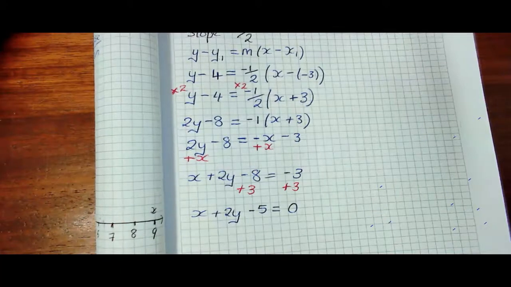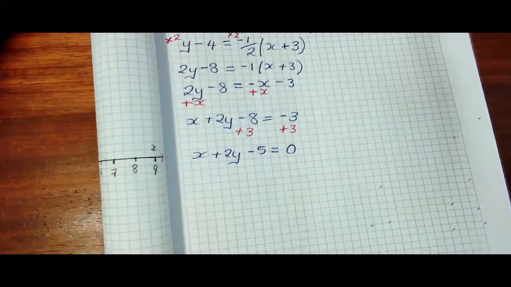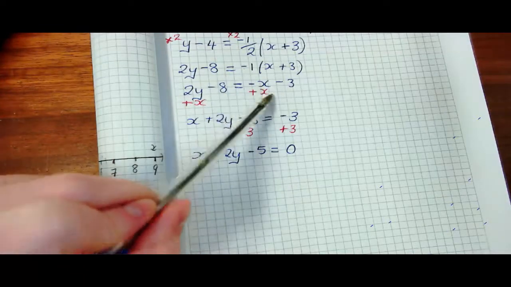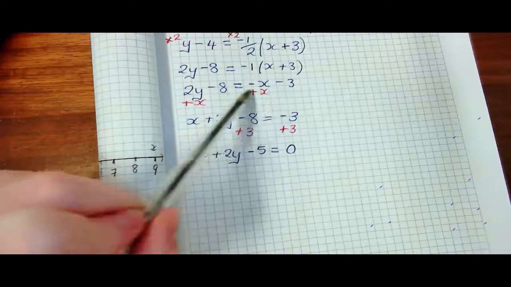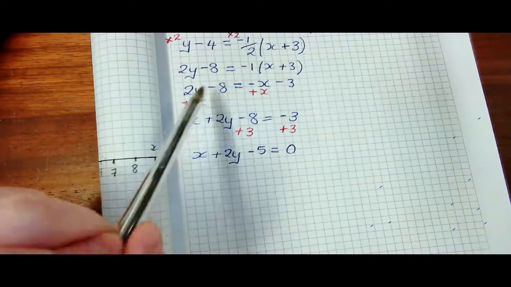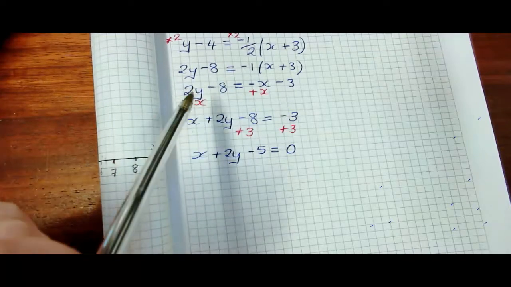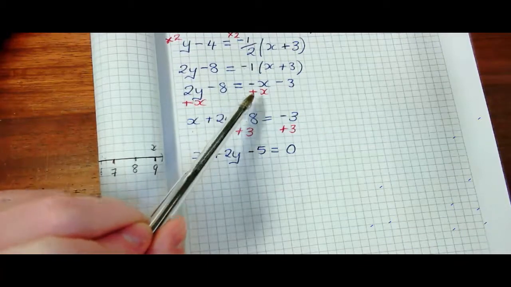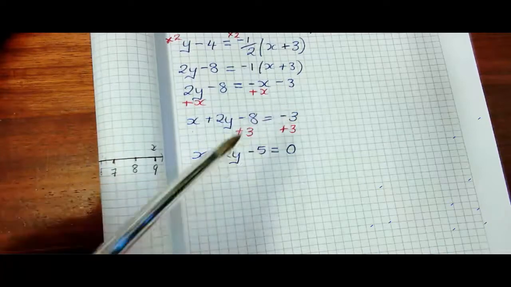So then I want all my terms to the left, so I'm going to add an x to both sides here to get rid of this here, so I want nothing left on the right hand side. So I add an x, so there's no x's on this side already, so I just add it in, so x plus my 2y plus minus my 8 is equal to minus x plus x is 0, it's gone, and my minus 3.